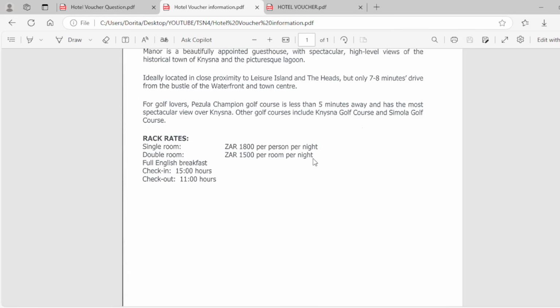This is important because if it was per person per night, you would have needed to charge 1,500 per night for Mr. and 1,500 per night for Mrs. But because it's for the room in total, we just have to take that 1,500 and multiply it with the amount of nights that they are staying.